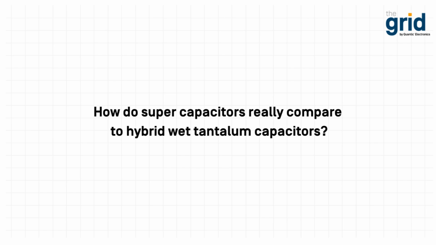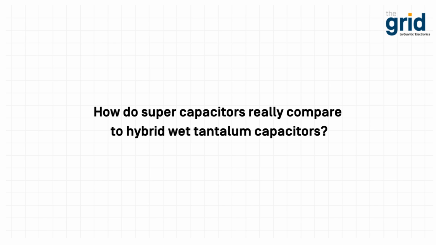The problem with doing that, every time we add a capacitor in series, we reduce the overall capacitance of that so-called capacitor bank. So by the time we've connected 10 of these 1 farad capacitors in series to reach our 50 volts, we're down to 100 millifarads. Let's take that example with a hybrid wet tantalum capacitor.